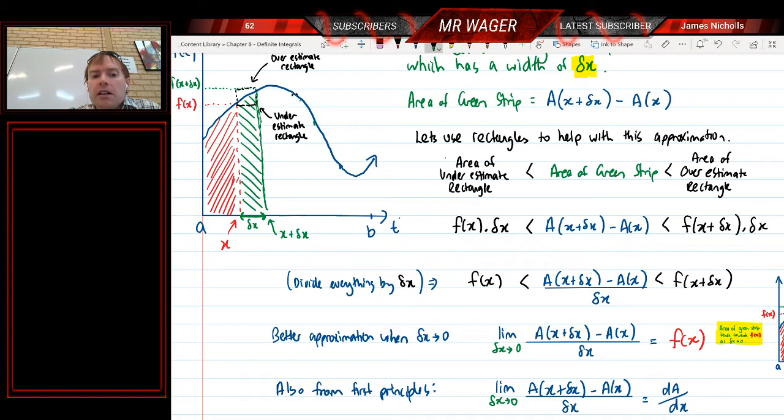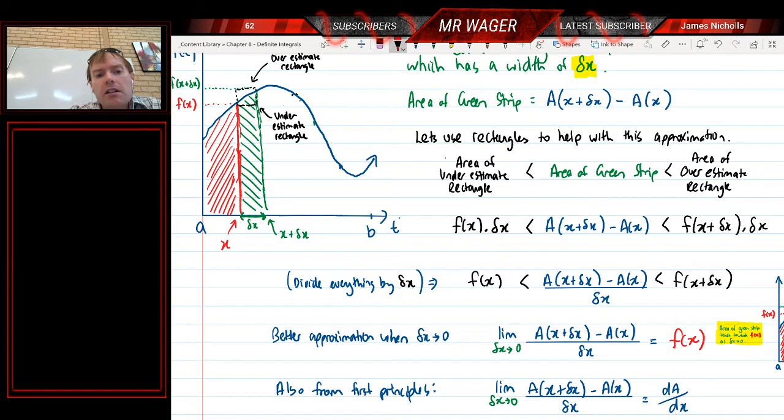So if we reduce delta x and make this rectangle as skinny as we can, as close to 0 as we can, we will say the limit as delta x gets to 0 of our middle section here, the area of the green strip, is going to equal, well, if I make this delta x as close to 0 as possible, we're going to end up with this thing here. It's going to be a rectangle so thin that it's basically just going to be a line that is the height of f of x, okay?